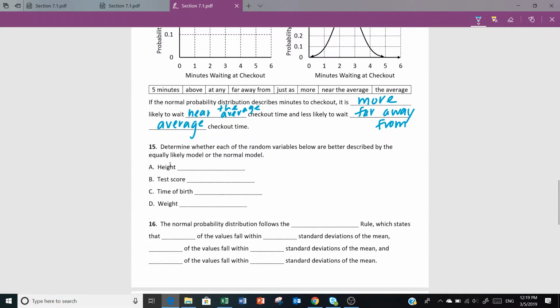Okay, which of these is better described by the equally likely model, or which one of these is better described by the normal model, and why? Because this is normal, right? Yeah. So I'd say height, test scores, and weight all have an average. But time of birth would be literally whenever.